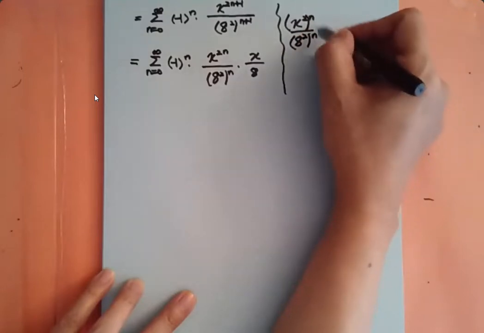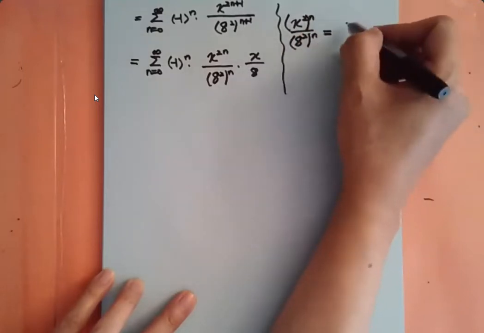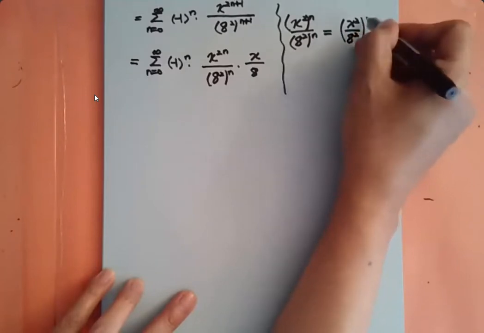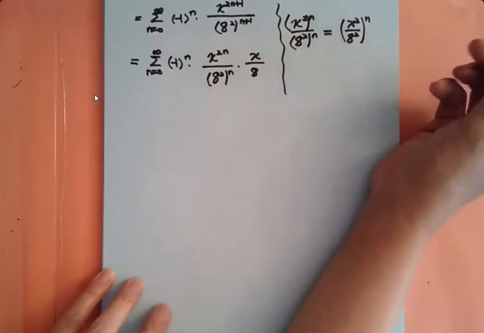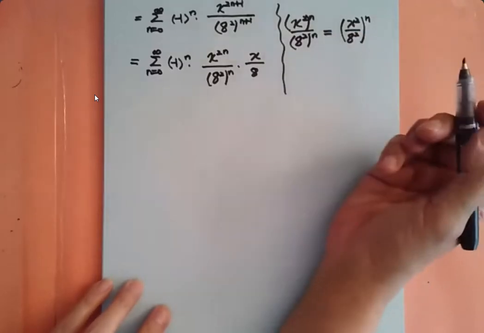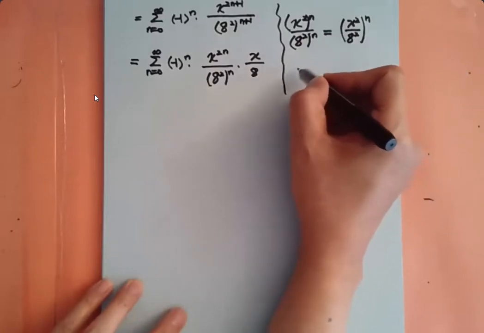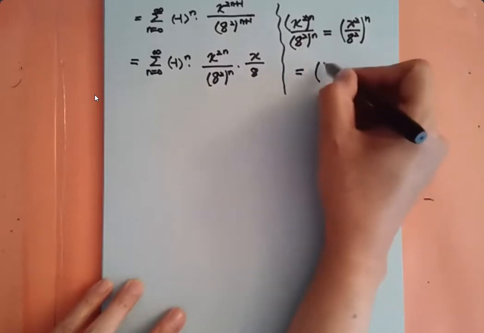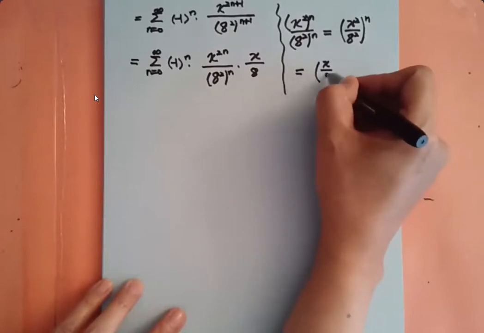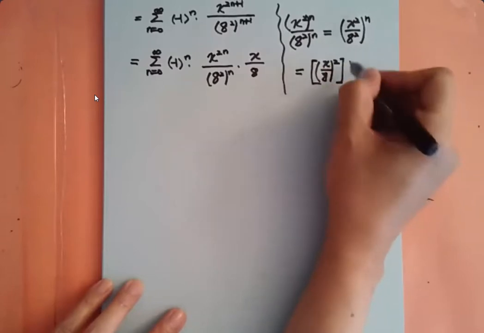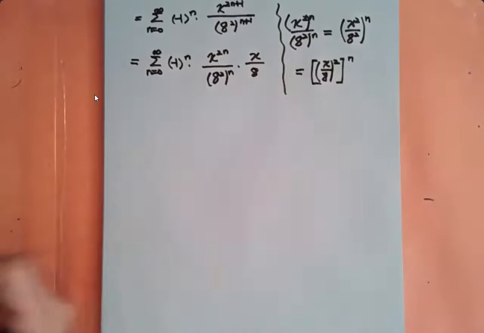The same power, so that means x squared over 8 squared to the n power. And that can be rewritten as x over 8 squared to the n power, right?